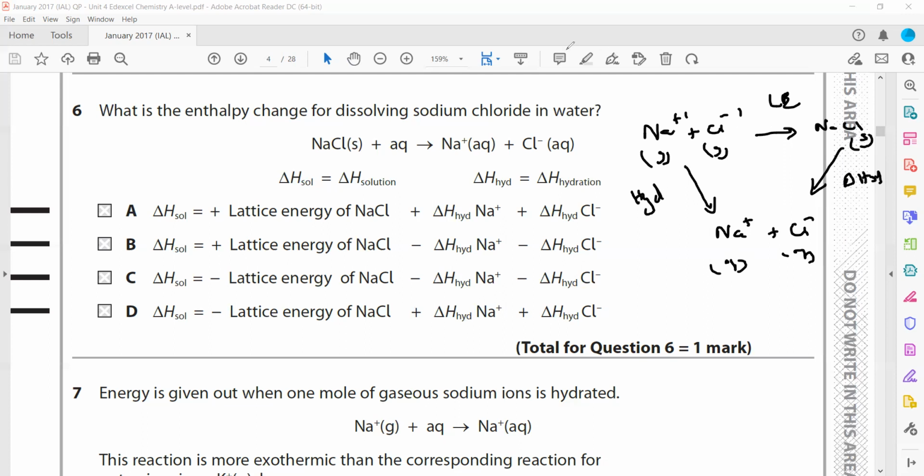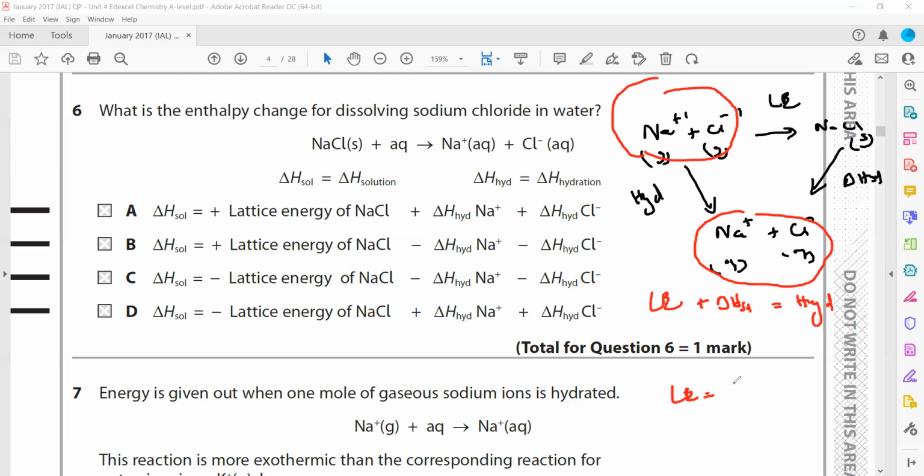So when we use a Born-Haber cycle, at the start of the cycle two arrows are pointing out, and at the end of the cycle two arrows are pointing in. So we can write that lattice energy plus the enthalpy of solution equals hydration energy, or lattice energy equals hydration minus enthalpy of solution.